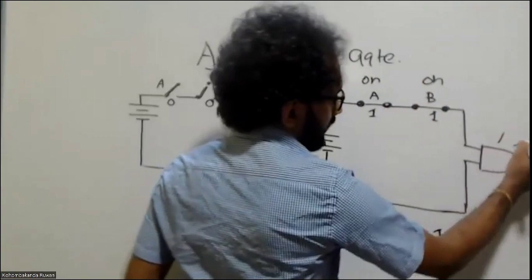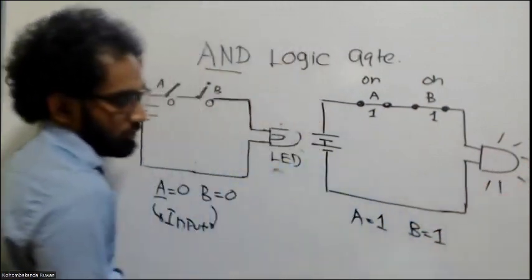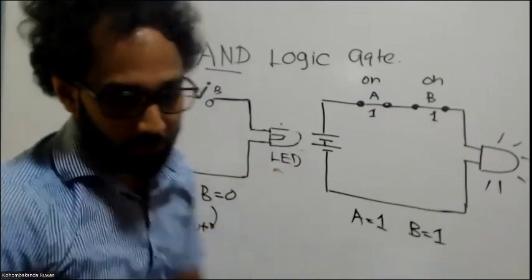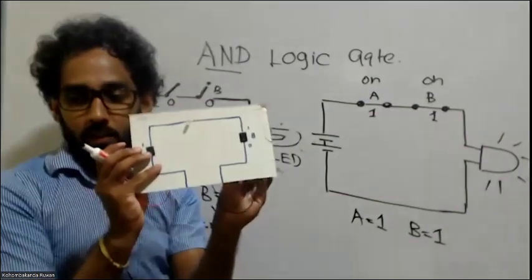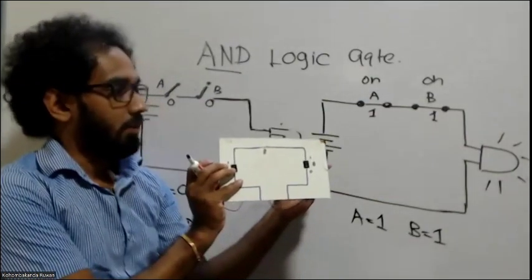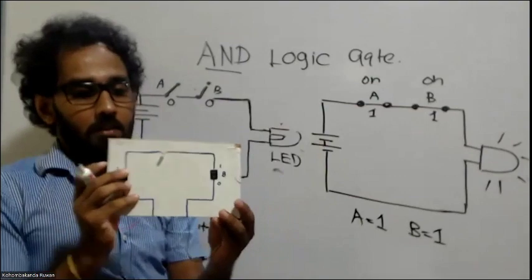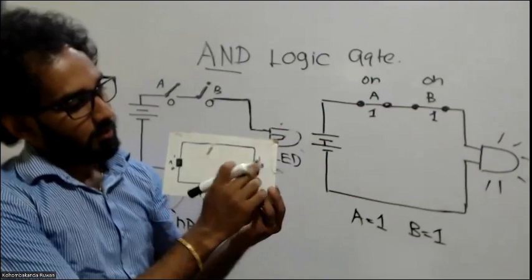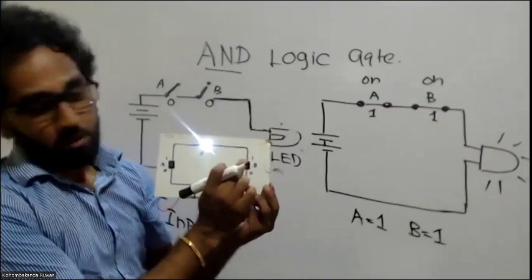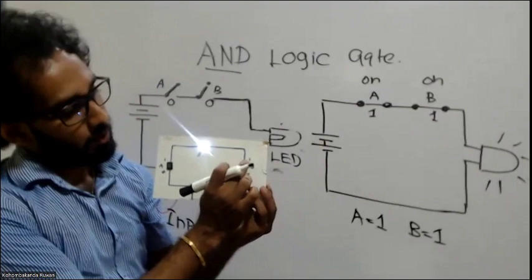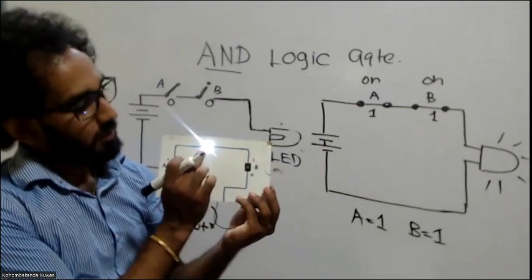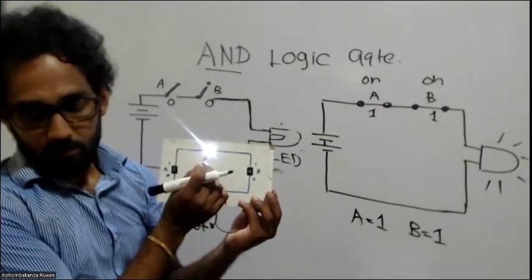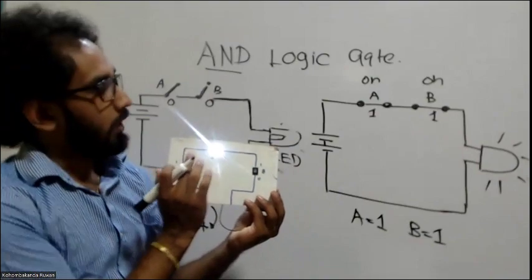That means now you can see the bulb switched on. You can see a light now. This is the example. Switch A is in the 1 state, and switch B is also in the 1 state. That means you can see the bulb light. Both are compulsory.